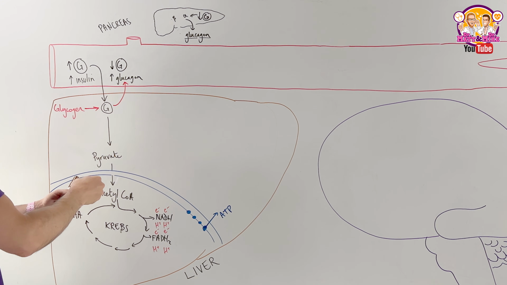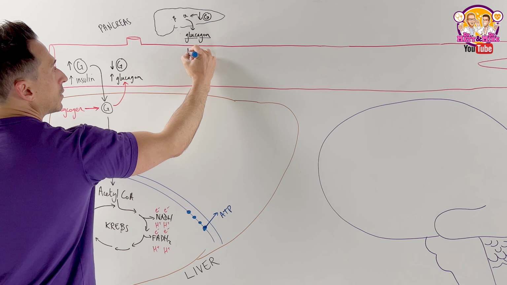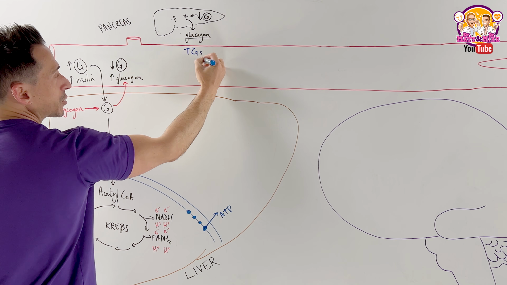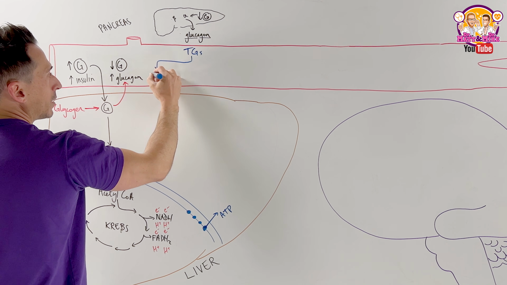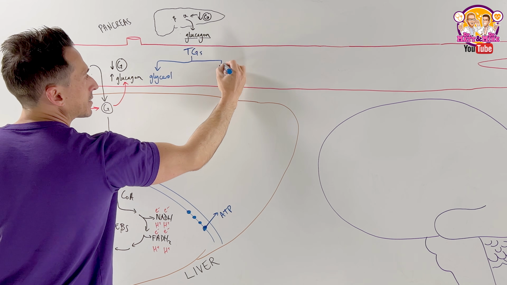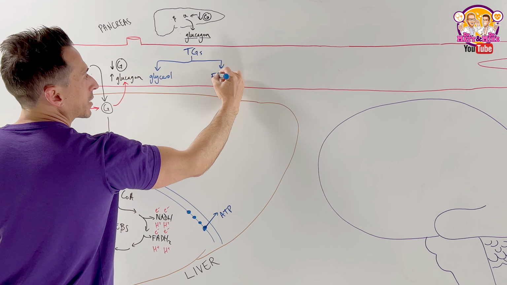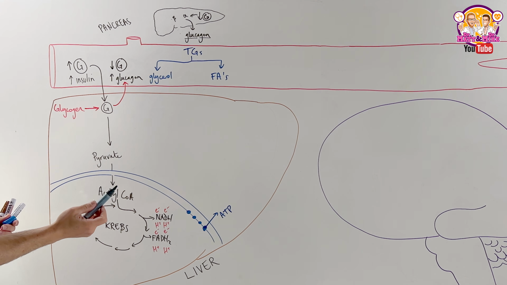Glucagon can take things like triglycerides, so fat, right, here's our triglycerides, and stimulate it to break apart to form glycerol and fatty acids. So remember, triglycerides are made up of 3 fatty acids and a glycerol backbone.